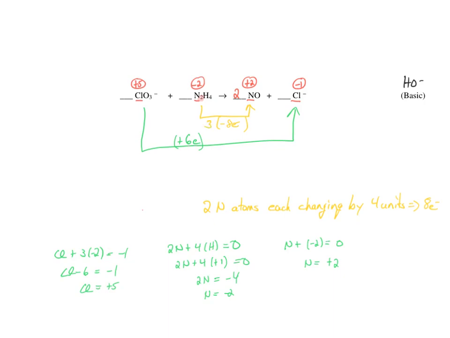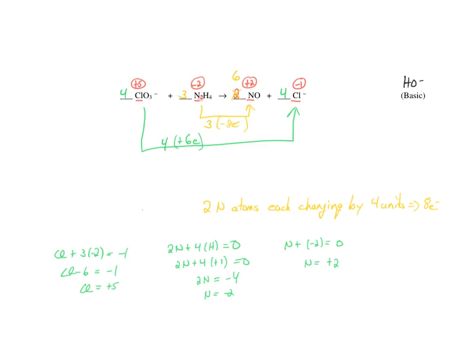So we multiply the coefficients associated with nitrogen by 3, and those associated with chlorine by 4. So now we have our electrons balanced.